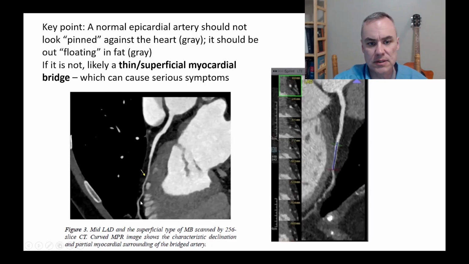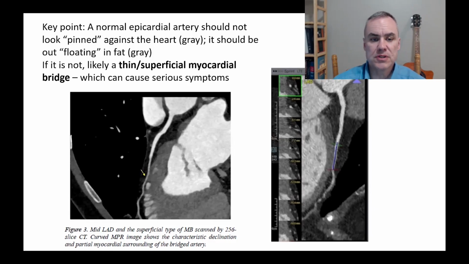It's getting squashed in a major way. They're looking for that artery to go way in here and dive in, and not realizing that not all bridges look like that, and they don't have to look like that to cause severe symptoms.